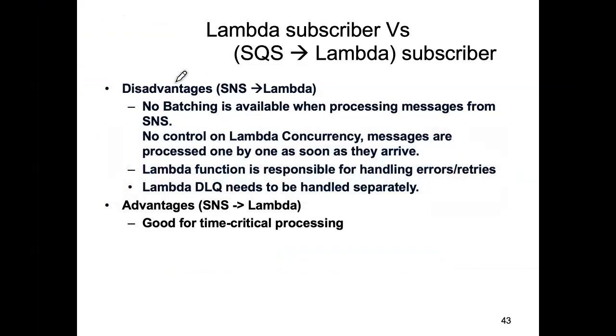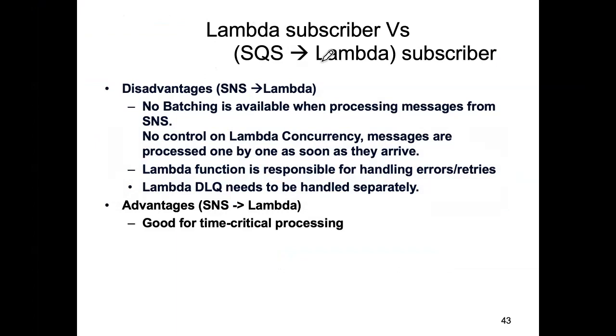What can be confusing is it looks like there are two options here, right? From the Lambda perspective, you can have a Lambda that is a direct subscriber to an SNS topic, or you can have an SQS queue that's the subscriber, and then have a Lambda that is the consumer of that SQS queue.